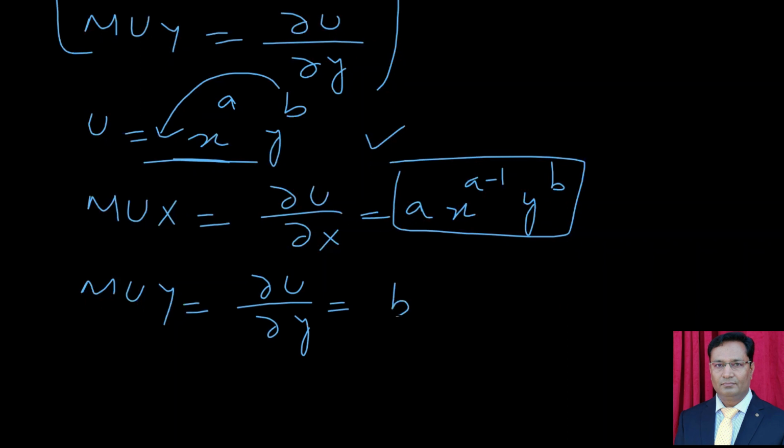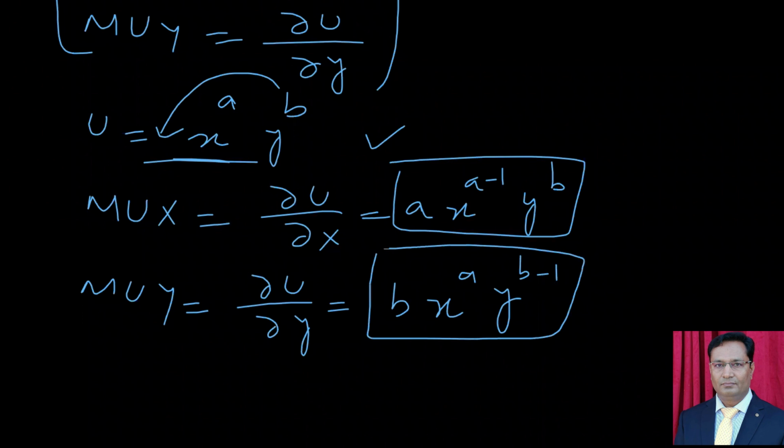So b into x power a, I will not change anything in the x variable because I'm taking the derivative with respect to y. So y power b minus 1. And this is the value of marginal utility of y.